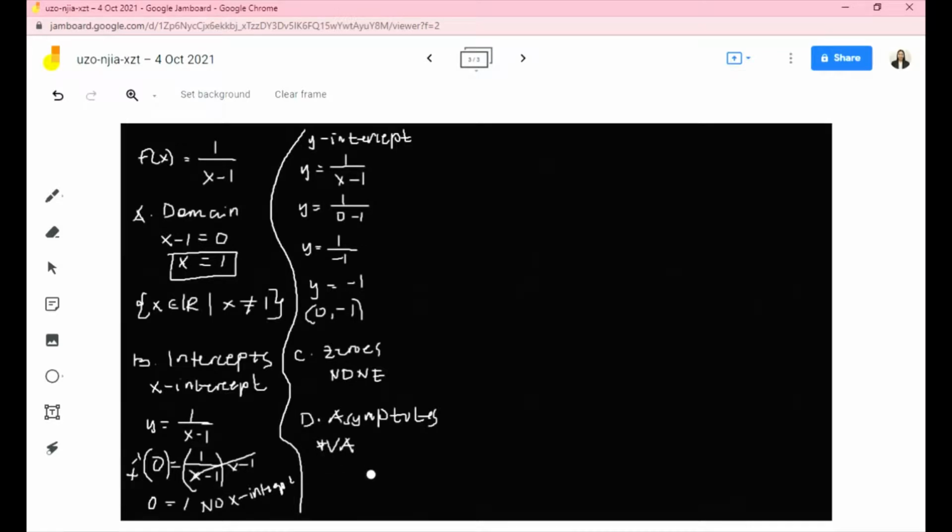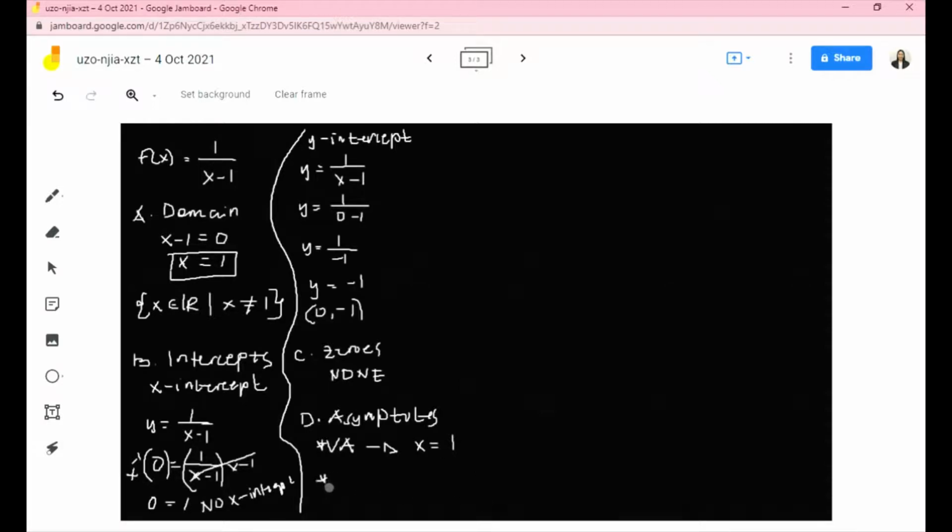First, we need to check if there is a common factor for the numerator and the denominator in these functions. In this case, there is none. Now we can simply copy the restricted value of x in the domain, which gives us that the vertical asymptote is at x is equal to positive 1.